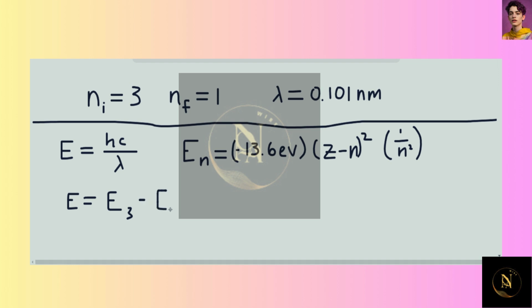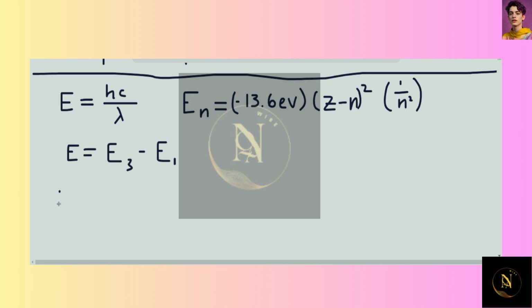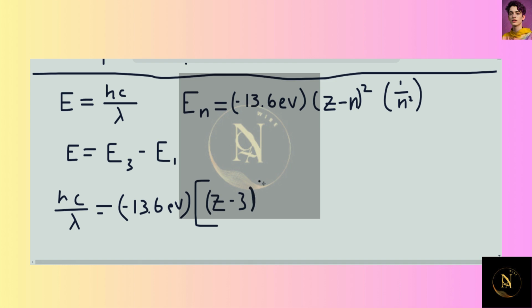So this is E3 minus E1. We're going to let E equal hc over lambda. So we have hc over lambda equal to negative 13.6 eV, which we can pull out, multiplied by Z minus 3, all squared, times 1 over 3 squared, or 1 over 9.